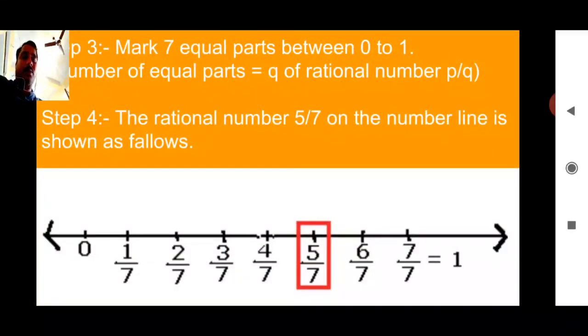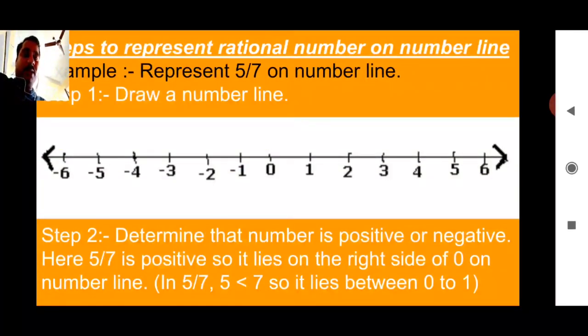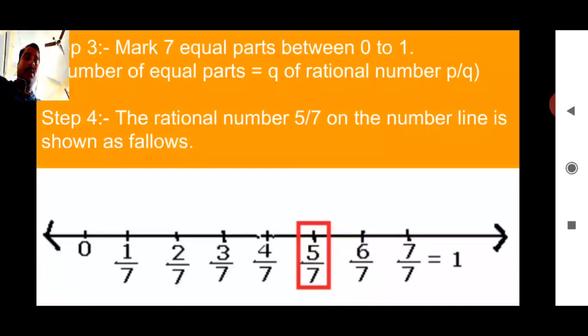Next one, mark 7 equal parts between 0 and 1. How can we decide how many parts to mark? Here, in 5 by 7 the denominator is 7, and we mark equal parts as the denominator. Fourth step, the rational number 5 by 7 on the number line is shown as follows.